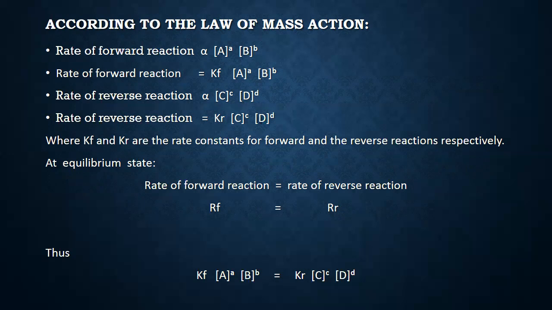Let us first discuss the forward reaction. A and B are the reactants, whereas small a and small b are their number of moles. So according to the law of mass action, the rate of forward reaction is proportional to A and B, that is, the reactants.